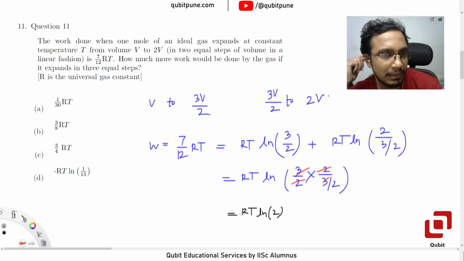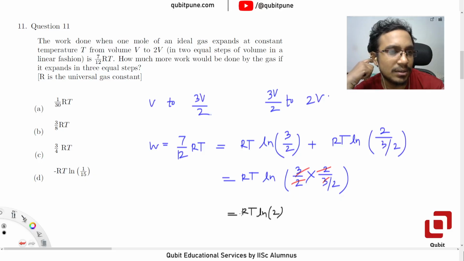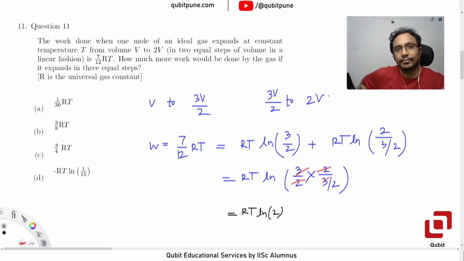One second. The work done when 1 mole of an ideal gas expands at constant temperature. Expansion at constant temperature, but not ln. Okay, we can do one thing.